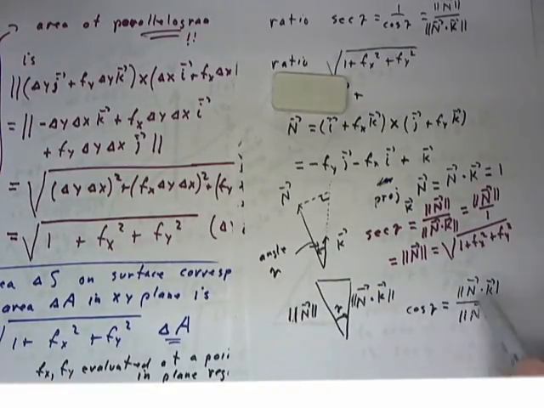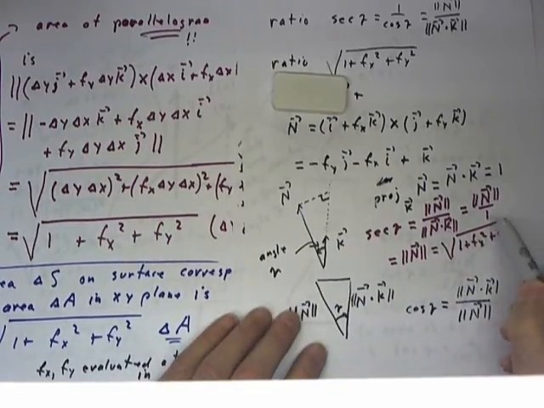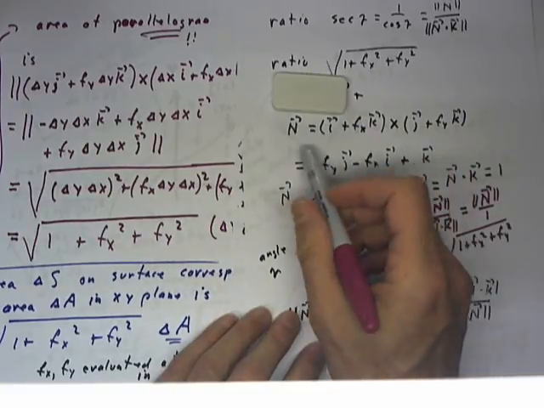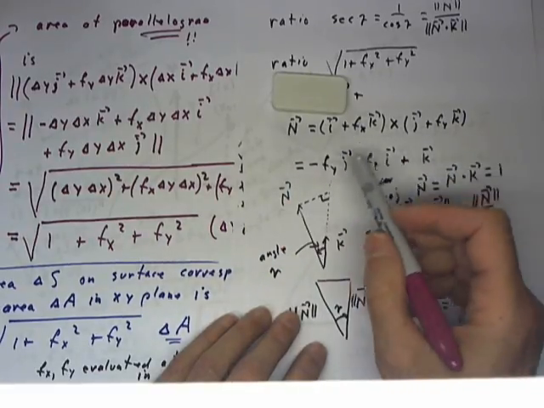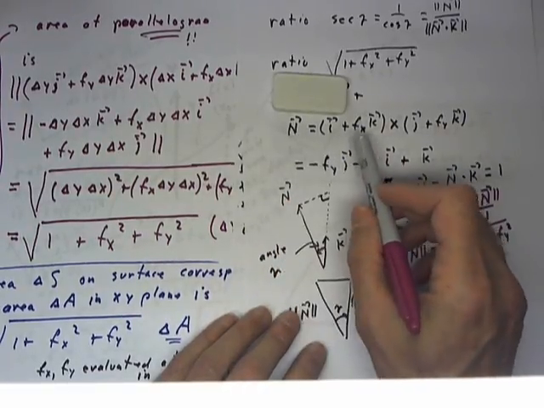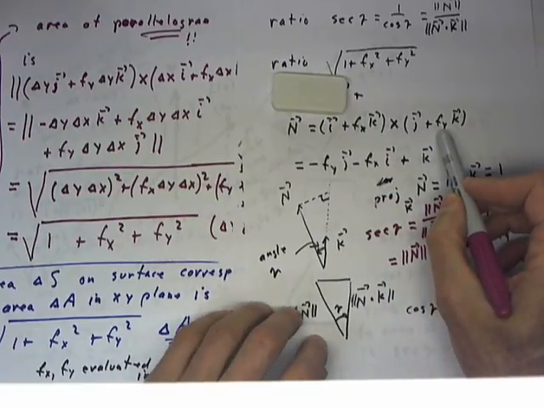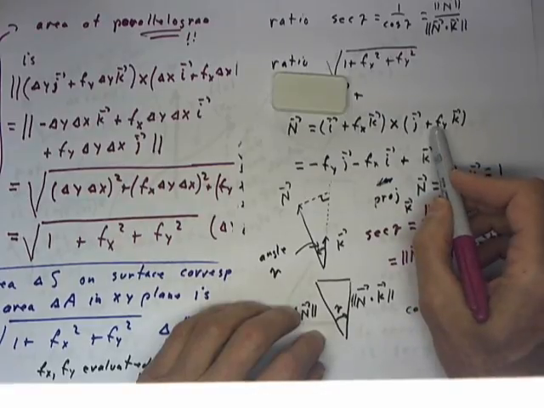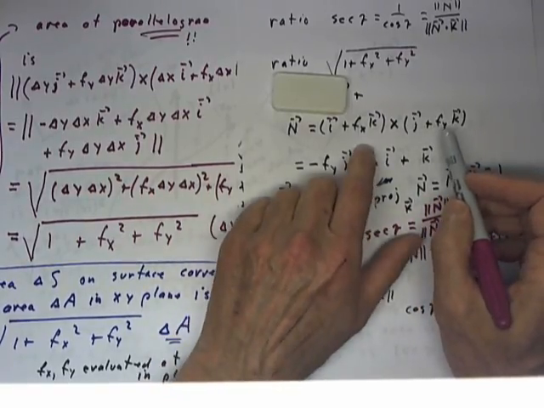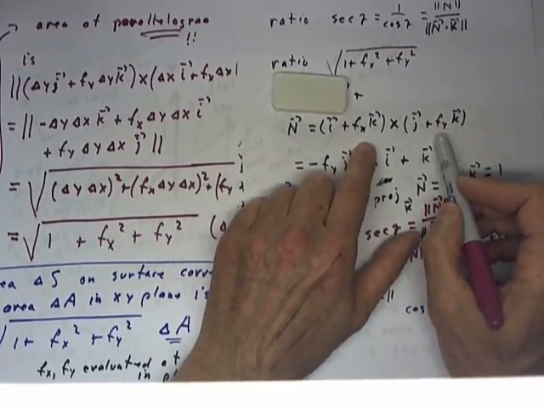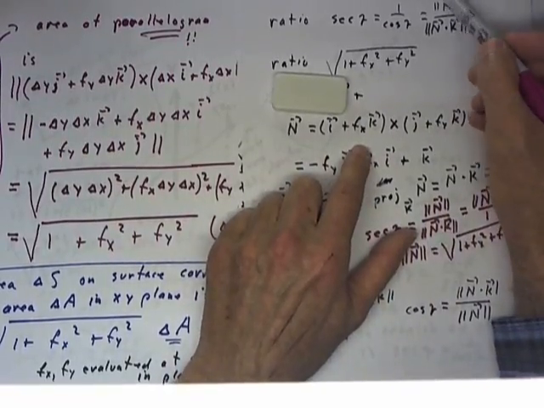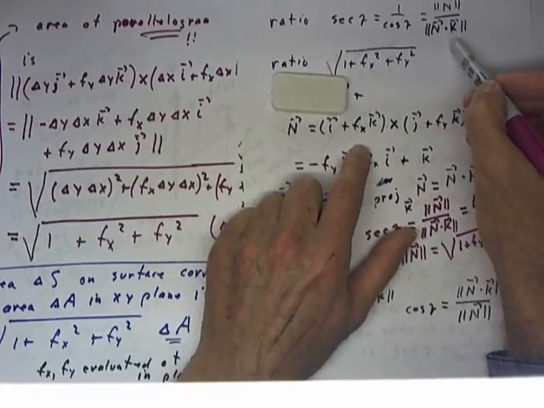I'll point out that this result doesn't depend on exactly which normal vector we use. Any normal vector will be a multiple of this normal vector, so that whatever the multiple is, the magnitude of that factor is going to appear in the numerator and in the denominator.